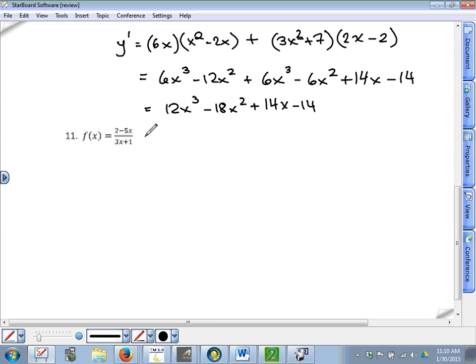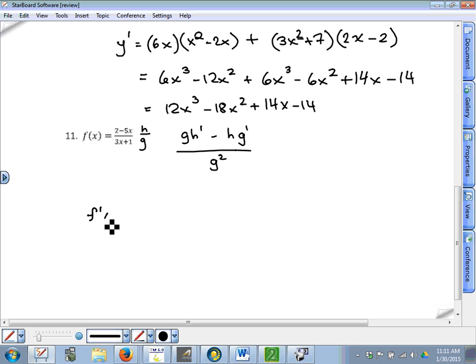Question 11 is meant to be an illustration of the quotient rule. So we have an h function here and a g function. The phrase is low d high minus high d low all over low squared. So it would be low d high minus high d low all over low squared in this case.